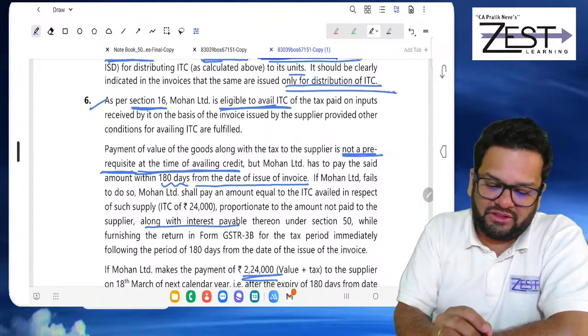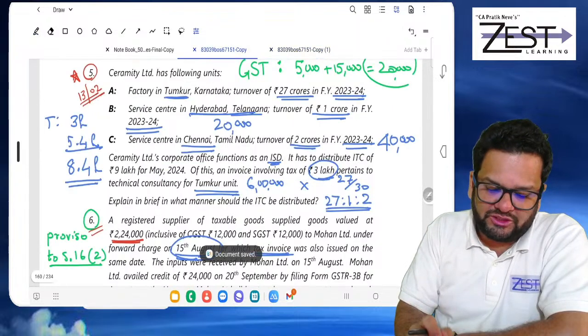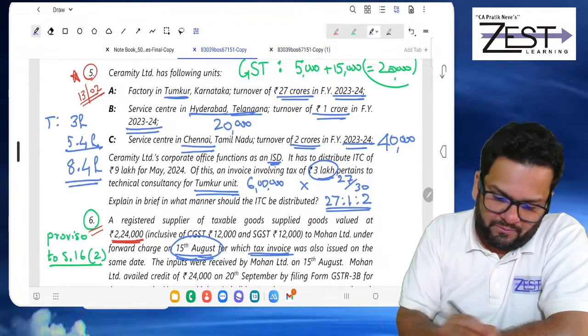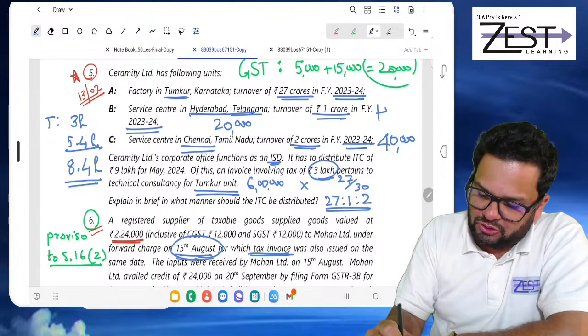So friends, with this, can I give you this also as homework? Because the calculation is absolutely simple.